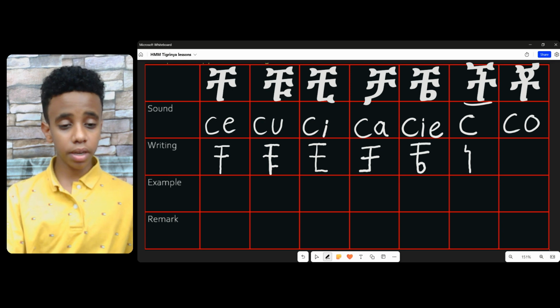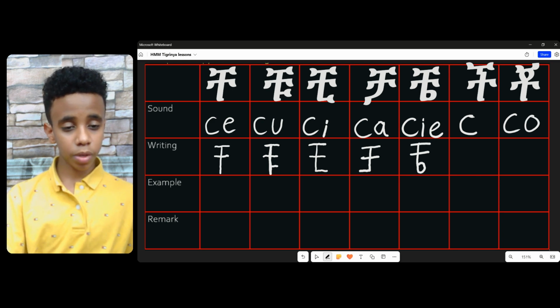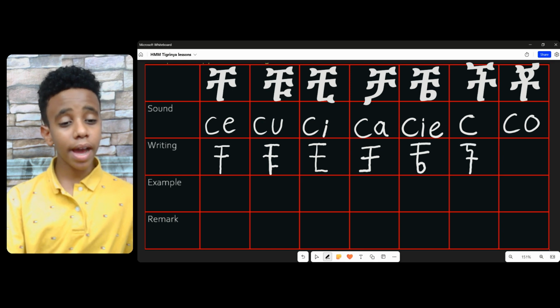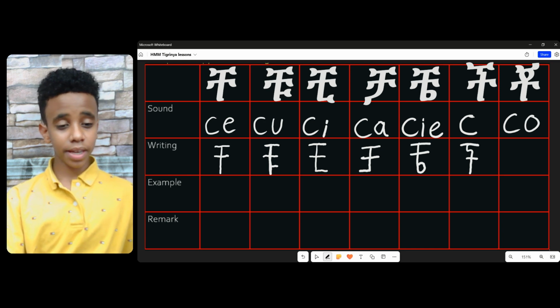Okay, so you make a ne, and then what you do is you will add a line going through the middle, and then after that you will add a hat over this line over here. This is how you write the letter ch.